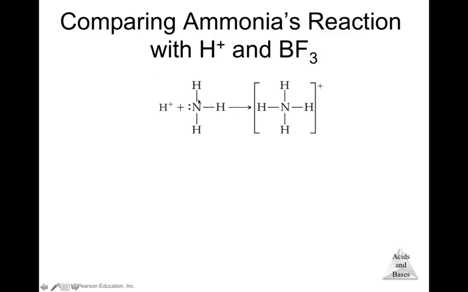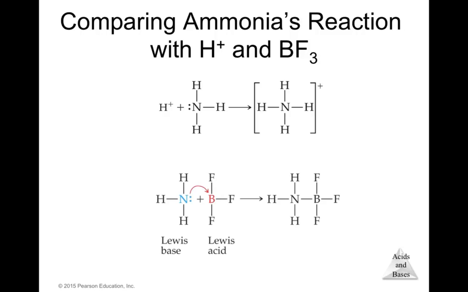The unpaired electrons on the nitrogen receive that hydrogen. This fits the definition of a Bronsted-Lowry base, because Bronsted and Lowry established that a base is one that accepts a proton. But let's see the following example.